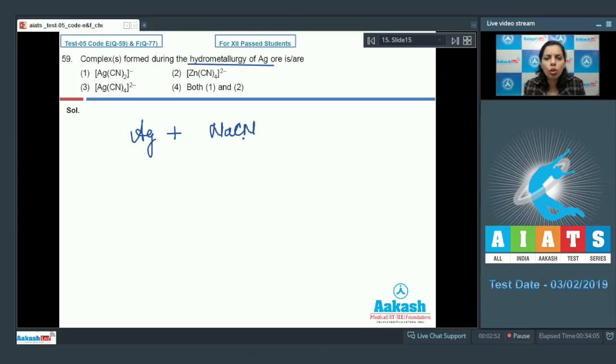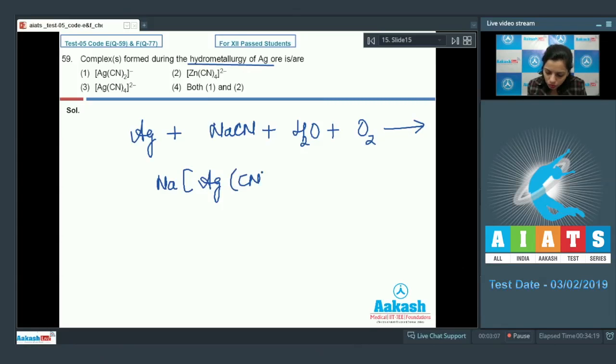NaCN. Basically the silver is dissolved in the solvent in the presence of water and oxygen. And here is the formation of the complex that is Na[Ag(CN)2]. This is sodium argentocyanide, and then there's the formation of the base. Let's balance this reaction also.